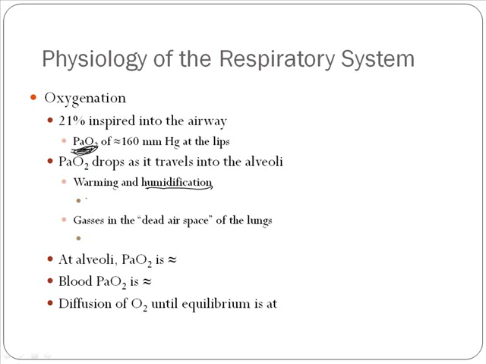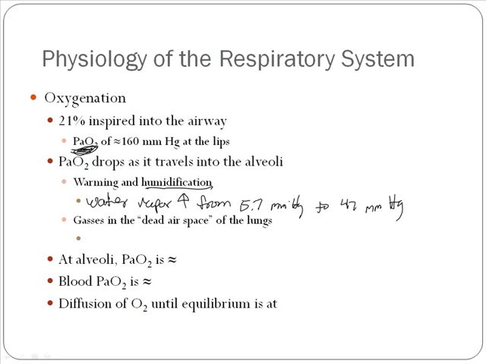What happens here is that water vapor increases from 5.7 millimeters of mercury to 47 millimeters of mercury as you travel from the outside down into the lungs themselves.